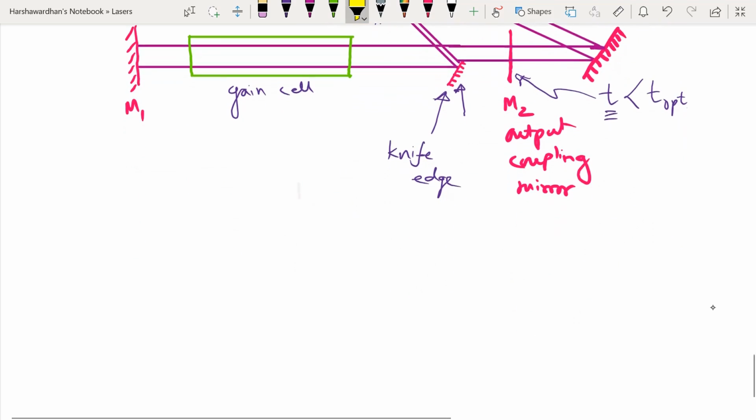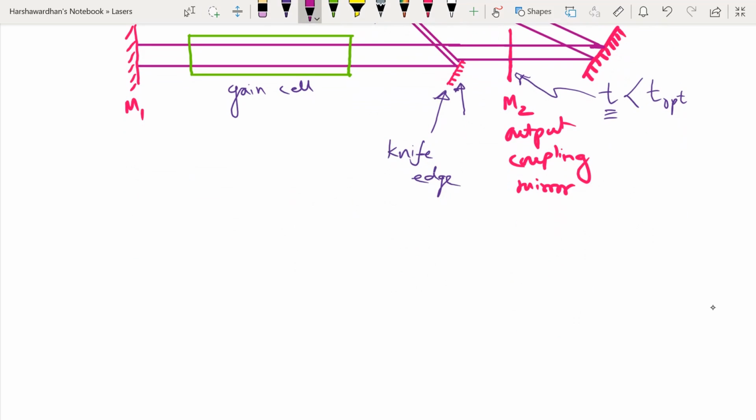So I can write that mathematically in the following fashion: my S, which I have introduced because of the knife edge, is simply P in by P plus.